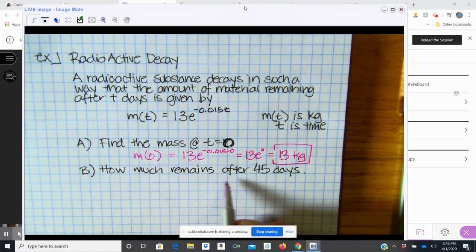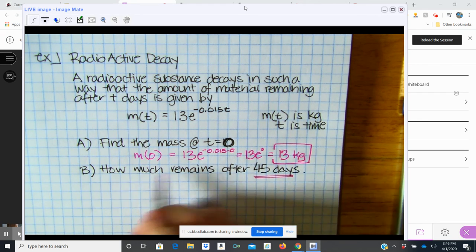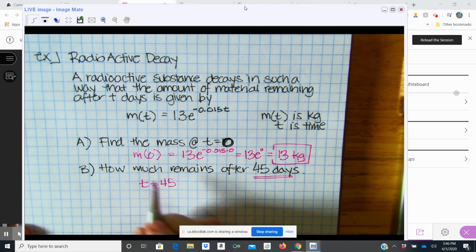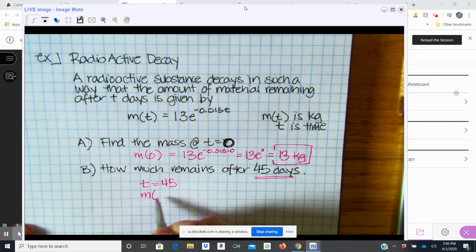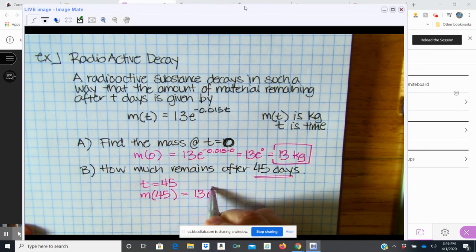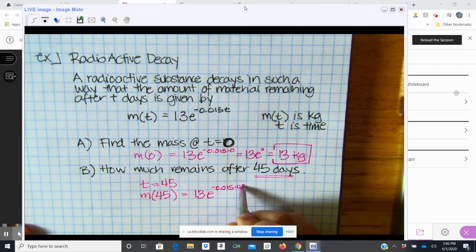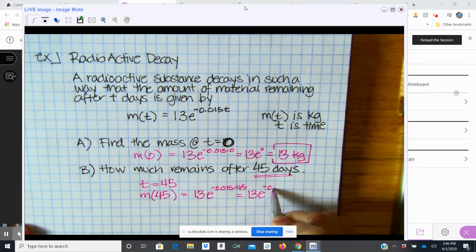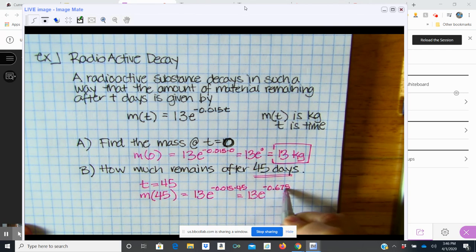How much remains after 45 days? They are telling us here that our t is equal to 45. So we are finding m of 45, which would be 13 times e to the negative 0.015 times 45, or 13e to the negative 0.675.